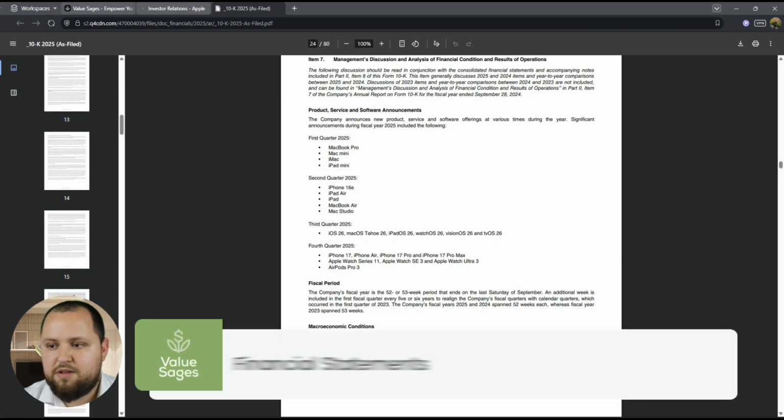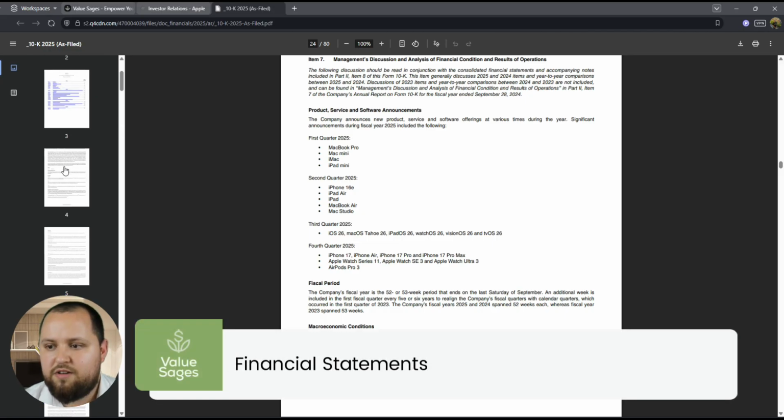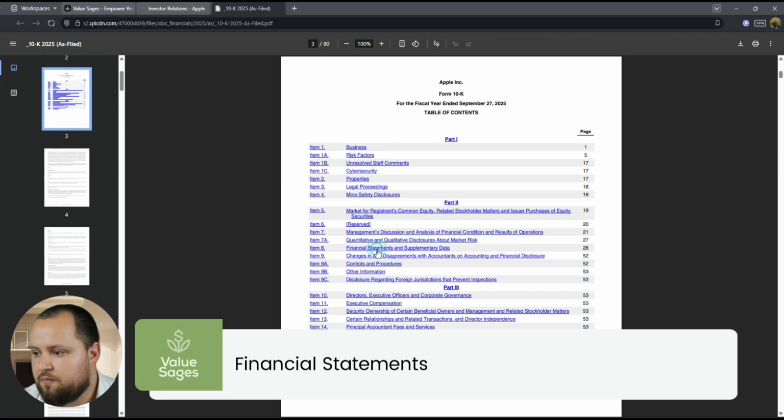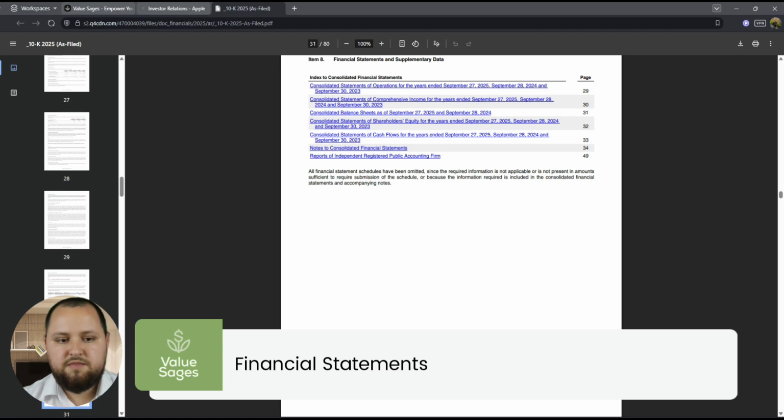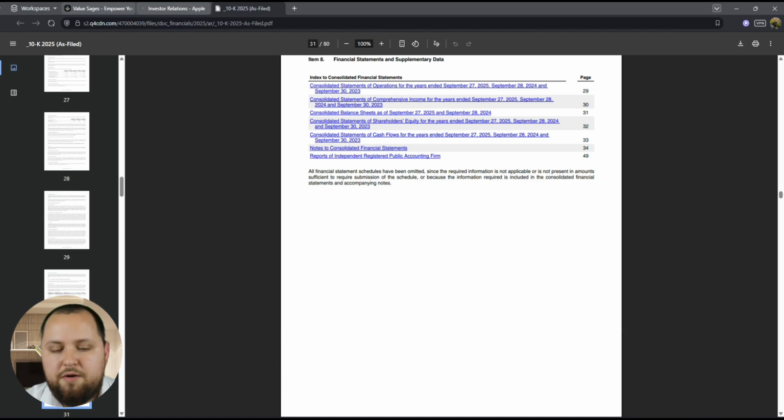And last but not least, let's proceed with the financial statements. This is where the raw numbers live. There are 3 core financial statements, and we'll cover each one in complete detail in its own dedicated video. For now, let's just get familiar with what's here.